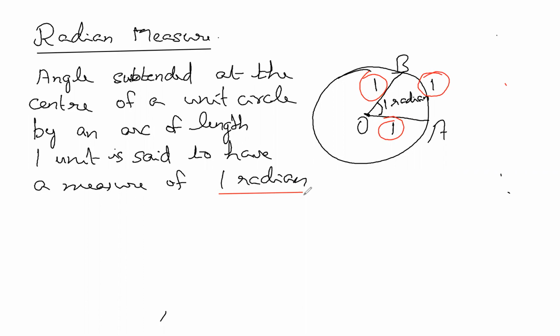We can write radian using a small letter c. For example, 1 radian can be represented in short as 1c. In reference books you can see this short form, but in NCERT throughout, they have written the full thing, 1 radian.